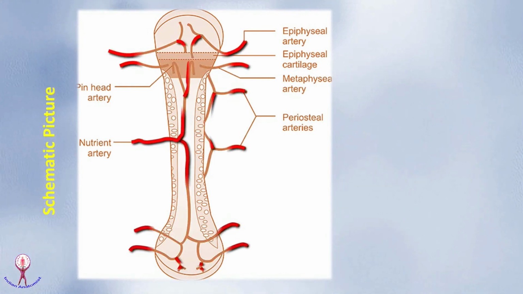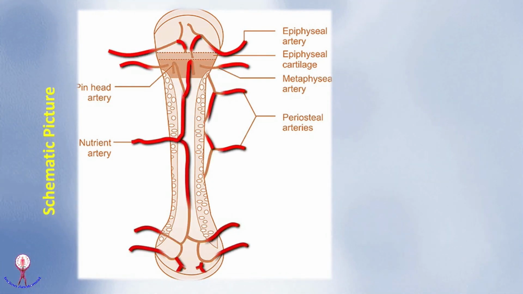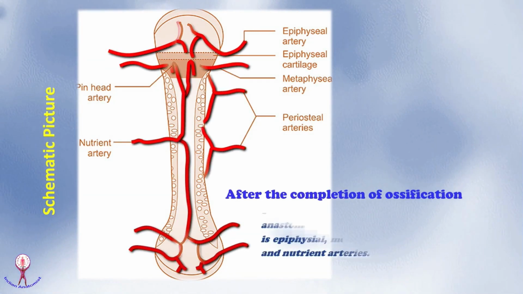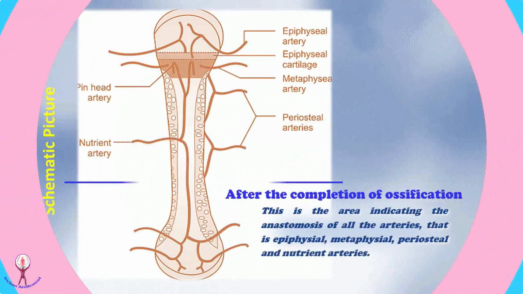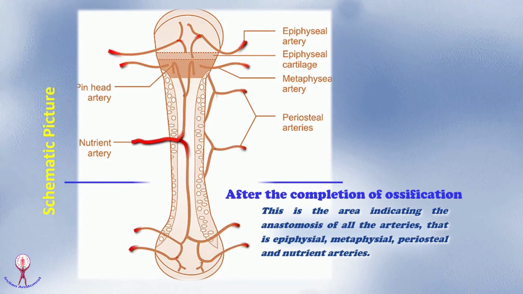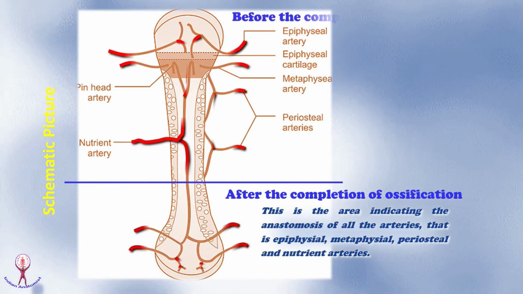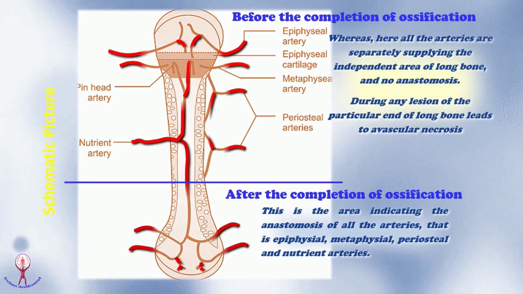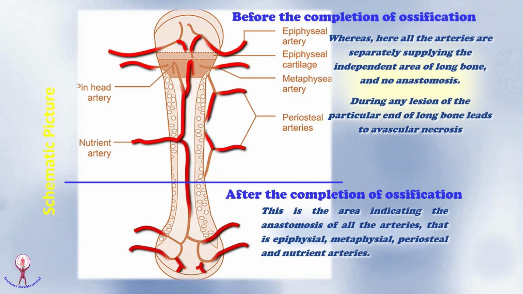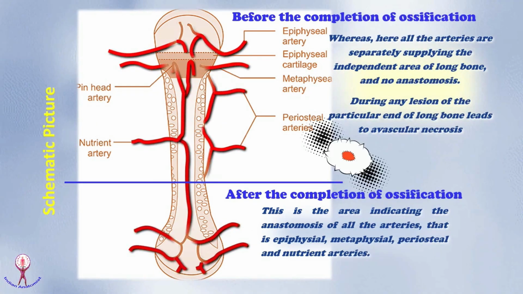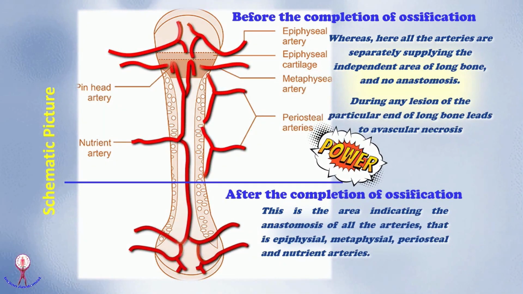This is the area indicating the anastomosis of all the arteries, that is epiphyseal, metaphyseal, periosteal, and nutrient arteries. This is seen in adult long bones after the completion of ossification. Because of this anastomosis, the bone ends establish the collateral circulation, that is the power of anastomosis.